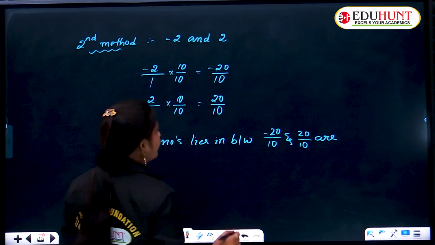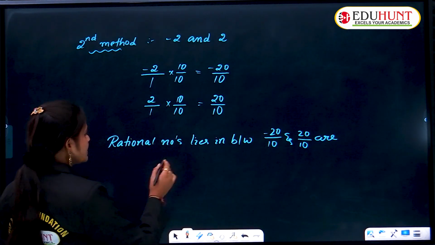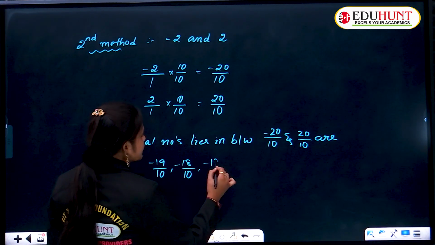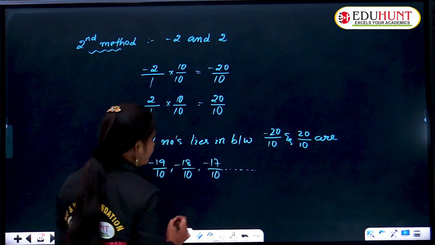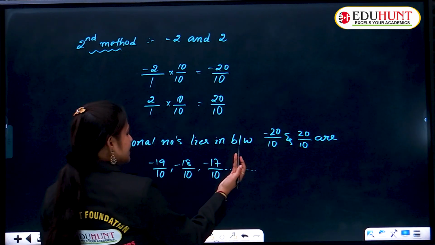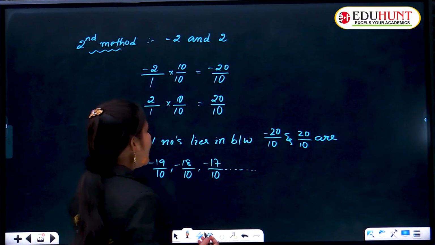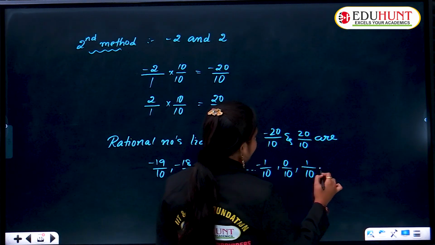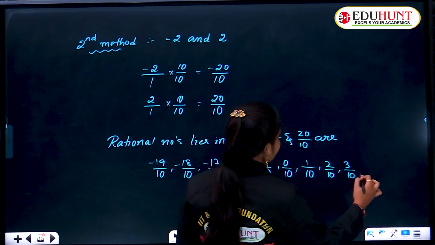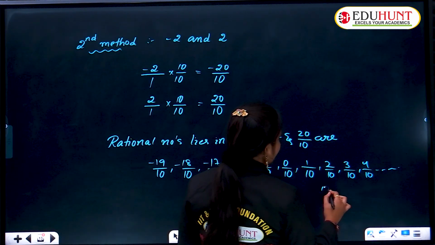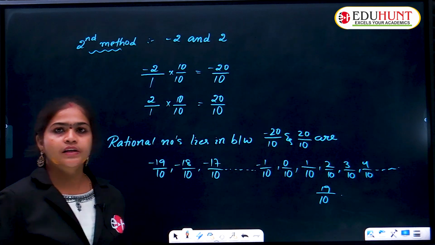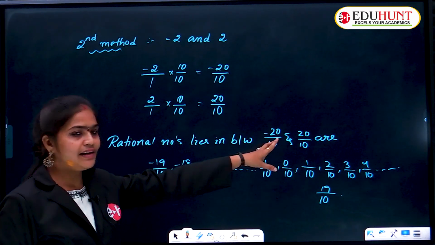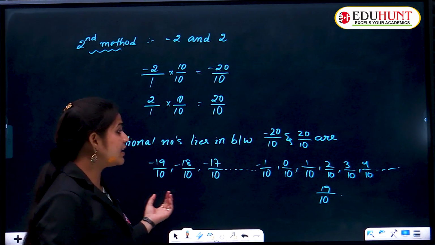Here we can observe infinitely many rational numbers: minus 19 by 10, minus 18 by 10, minus 17 by 10, and so on, up to minus 1 by 10, 0 by 10, then 1 by 10, 2 by 10, 3 by 10, 4 by 10 and so on up to 19 by 10. Just observe that these are all values lying between minus 20 by 10 and plus 20 by 10. Here we got many numbers.